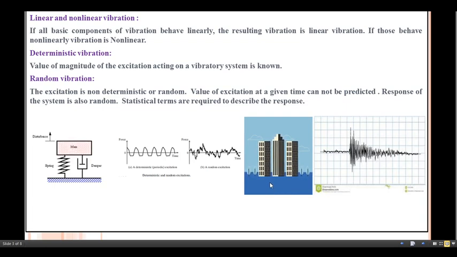We cannot predict the magnitude of that force, so that force is random, and at the same time the response is also random. In the amplitude versus time or force versus time plot, you can get the response like this.